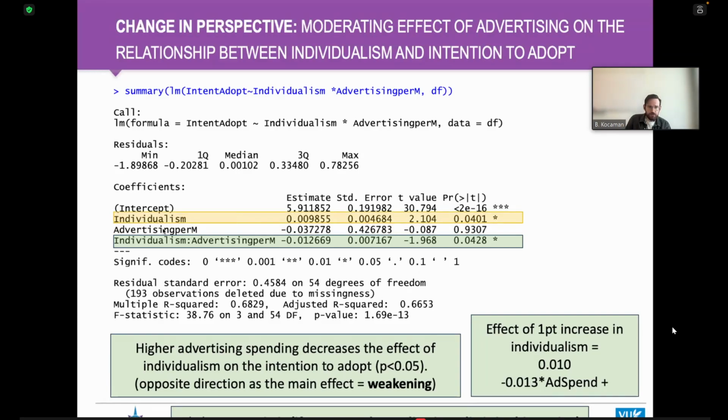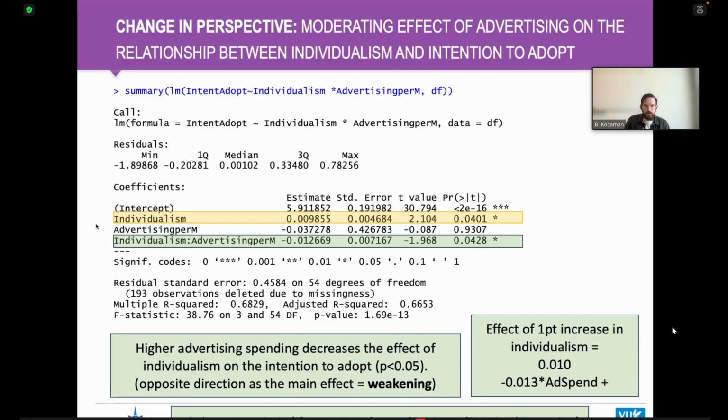Then we can also look at individualism, which is a change in perspective. If conceptually we want to understand how advertising spending is moderating the relationship between individualism and intention to adopt, then we need to look at the main effect of individualism and the moderation effect.